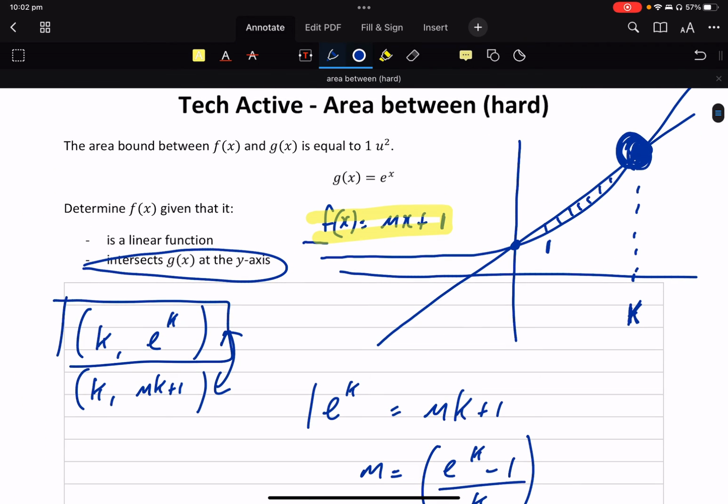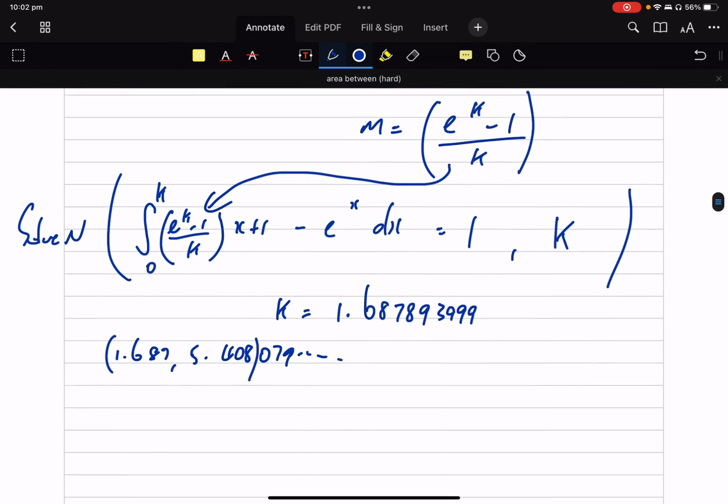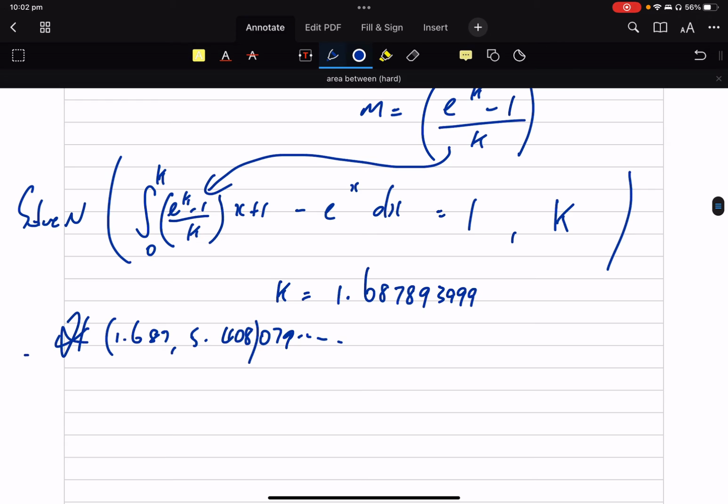That is this point of intersection here, and it also lies on the linear function, so it must satisfy the linear function. So I'm going to use this point here in y equals mx plus 1.